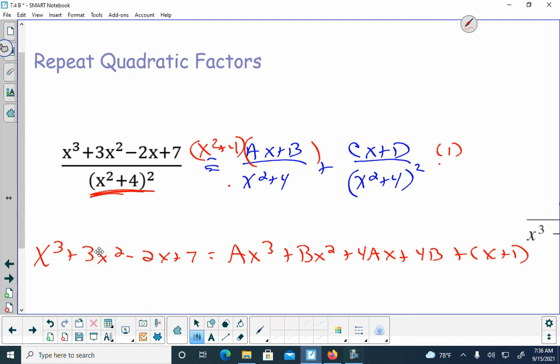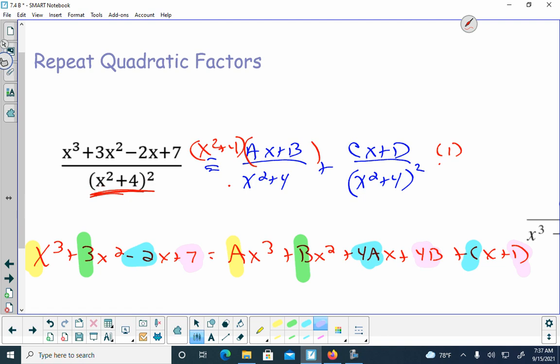So now I'm going to get out my highlighter. x to the third, no other x to the thirds. x squared, no other x squareds. Linear, linear, linear, and then finally my constant, constant, and constant. That's a d.